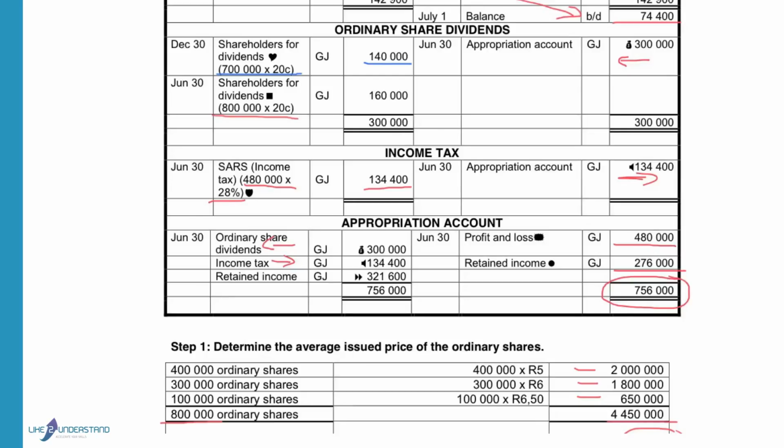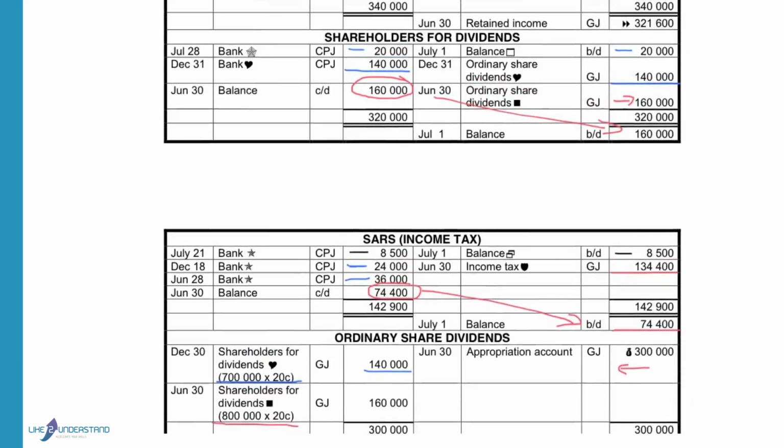At the end of the year, 100,000 shares were repurchased, so it means that the average price was determined at 5.56 rand, and we had to reduce the capital amount with 556. So the closing balance for the ordinary share capital at the end of the year is 3,894.